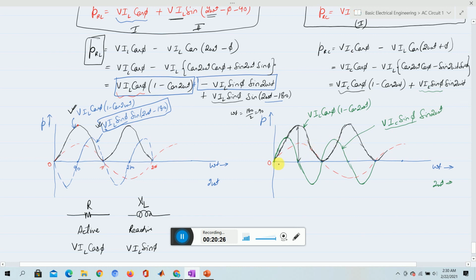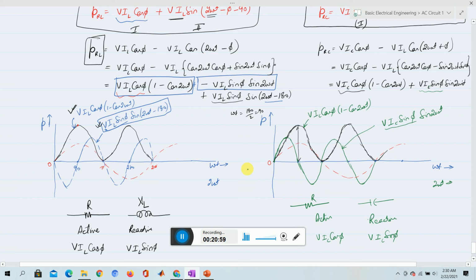So you get two terms here. Again you get a term with only R, if only that were there. That is the active term, VIC cos of phi. And if you have only a capacitor, you get this reactive term, which we can say is a capacitive reactive term, and this is nothing but VIC sine of phi.